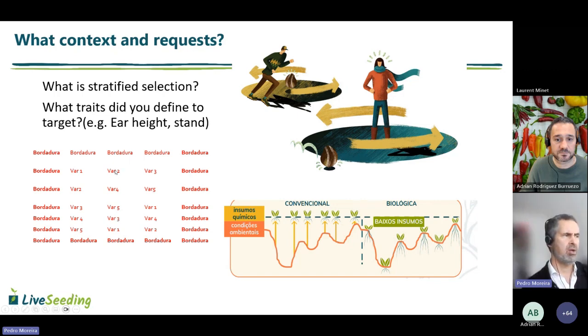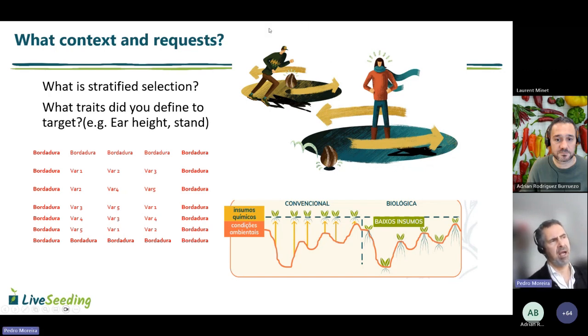You want to have your field isolated. So how can you do this isolation? You can do it in time. If your neighbor has the same cycle as you and he sows much earlier, you know that you need to wait to avoid cross pollination. Another is physical isolation. You know that in that place there are no other maize growers, so you are relieved on that.